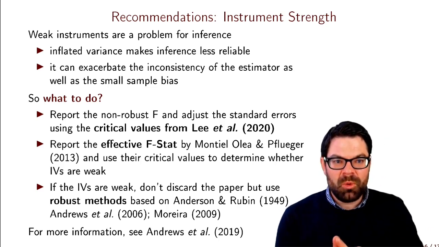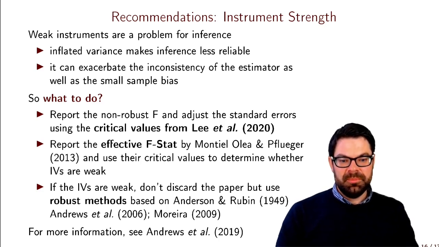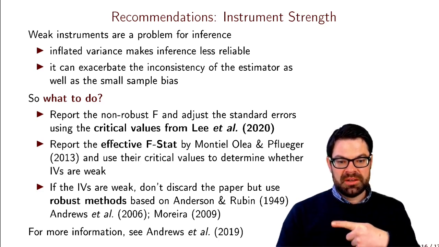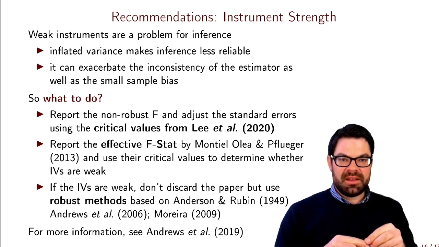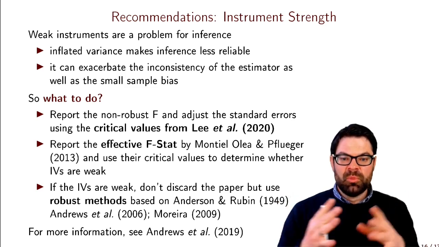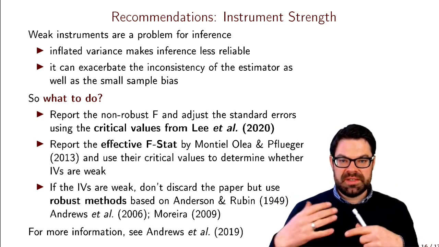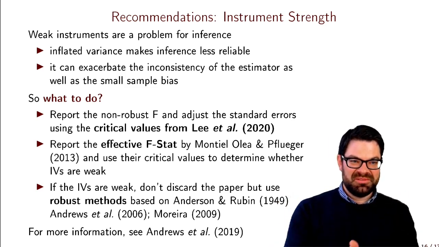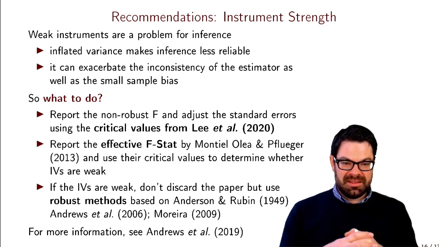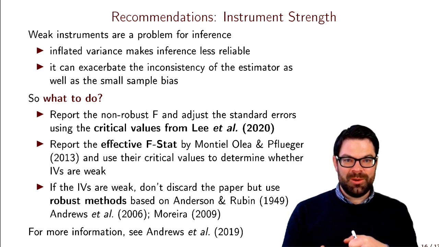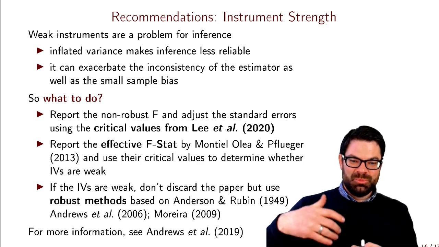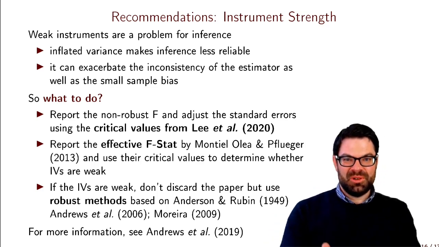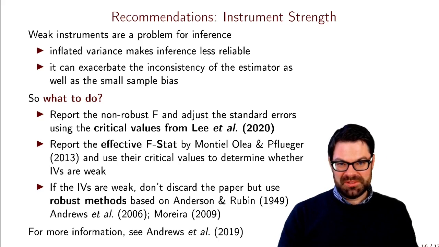Now, if you want to learn more about weak instruments and the recent developments, I recommend this review article by Andrews, Stock and Sun, which has a lot more on that topic. But if you plan in the next years to write an IV paper, it's definitely a literature that you have to be aware of, and then you probably have to apply methods that are only about to come out in the next couple of months, if not years.